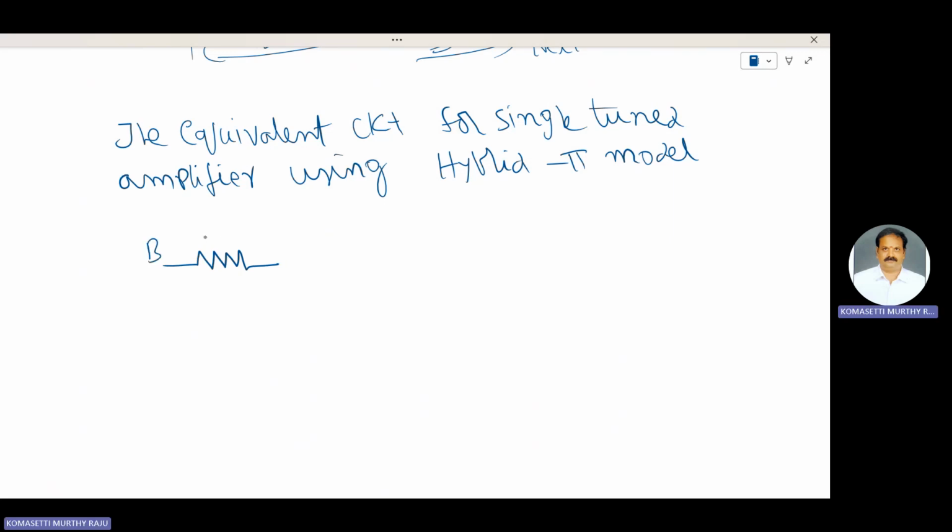This is the base terminal B, and RBB dash is the base spreading resistance. Here is B dash, RB dash E here.